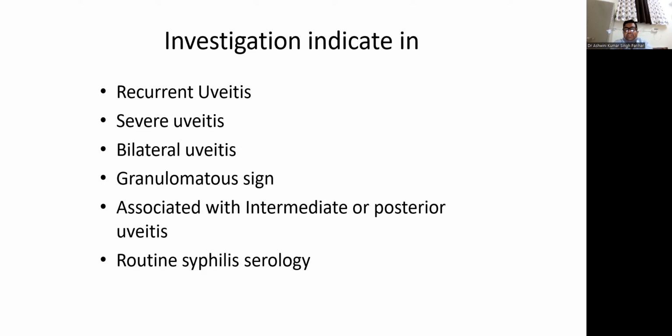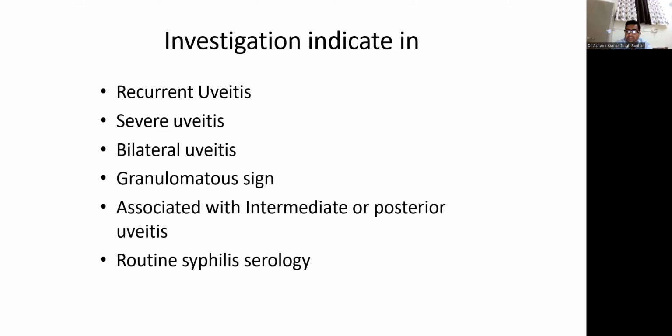Now, when do we need to investigate a case of uveitis? If the patient presents with severe uveitis, or with recurrent uveitis after management, or the patient gives some other clinical history which indicates that the patient might be having a particular systemic illness and the uveitis might be one of the associated features of that illness, then we have to rule out that disorder.